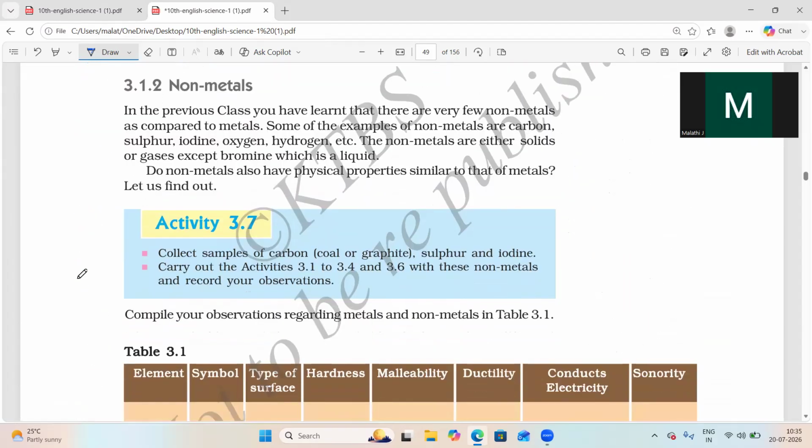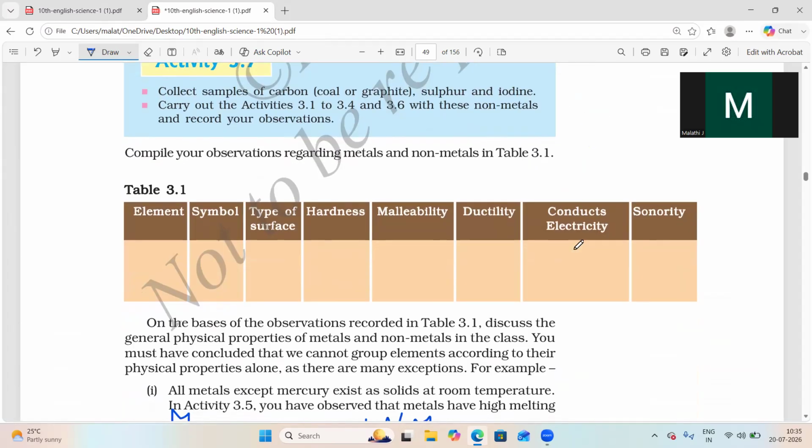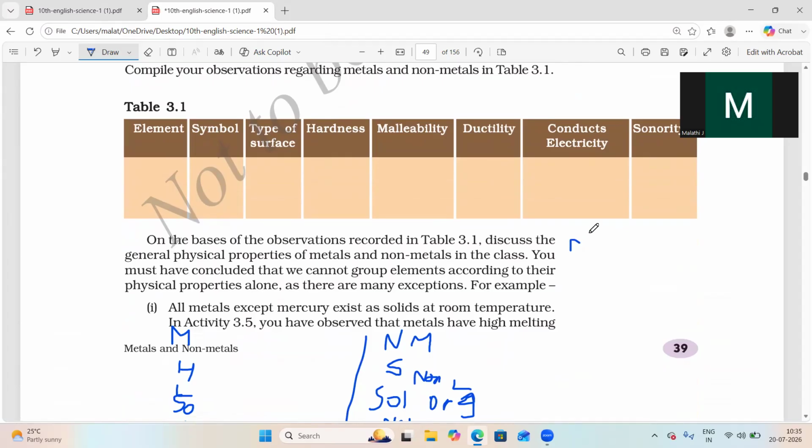Non-metals are the opposite. Metals are hard, while non-metals are soft in nature. Metals almost always occur as solids, while non-metals may be solids or gases. Metals are malleable, but non-metals are not malleable.